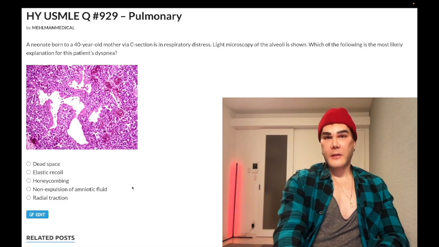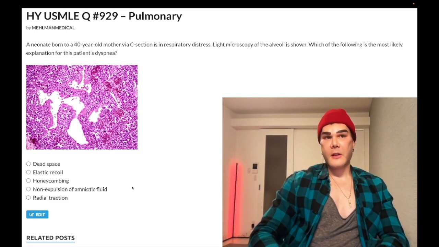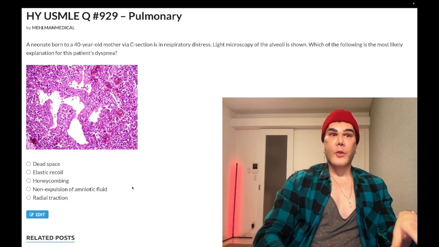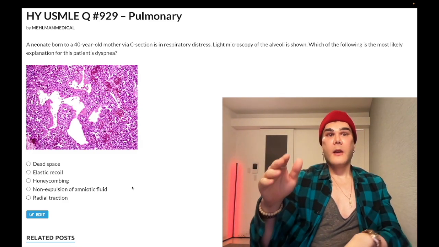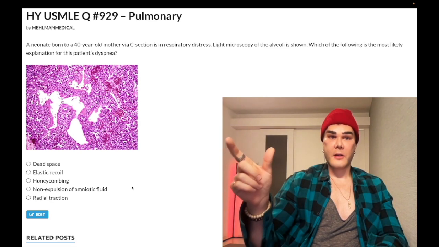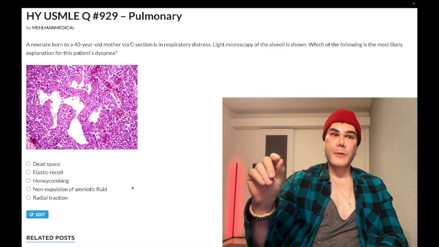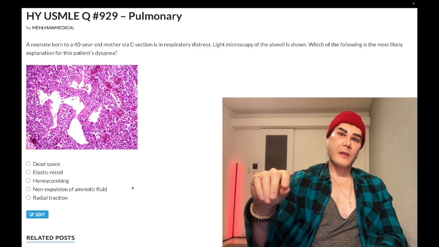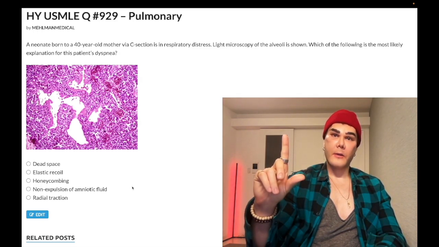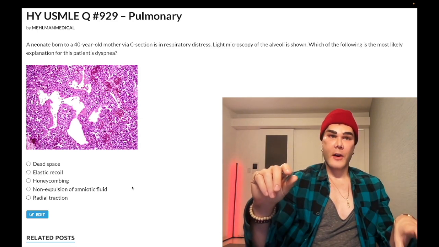What that means is when we have restrictive lung disease, we see FEV1 over FVC is normal or increased, whereas in obstructive lung disease, FEV1 over FVC is decreased. The reason you have that discrepancy is because of the stickiness on the outside of the airways in restrictive lung disease, the radial traction, which allows your FEV1 to be slightly longer in comparison to obstructive, where we don't have radial traction.